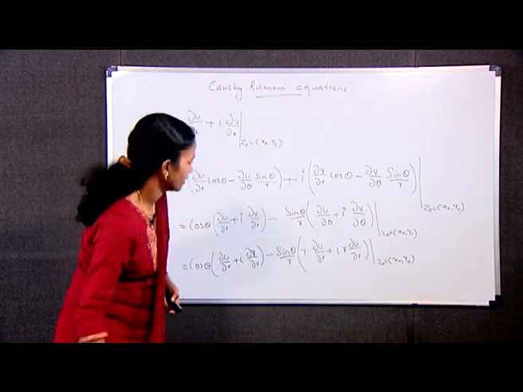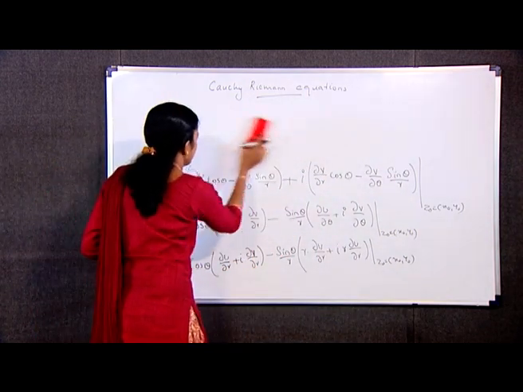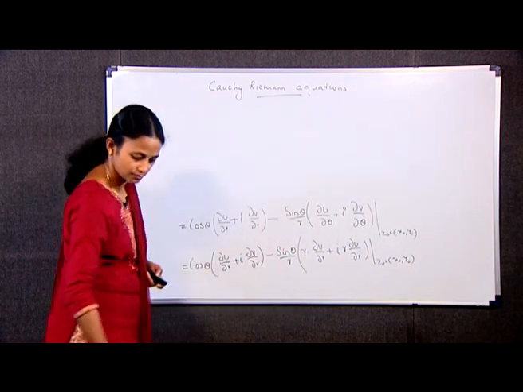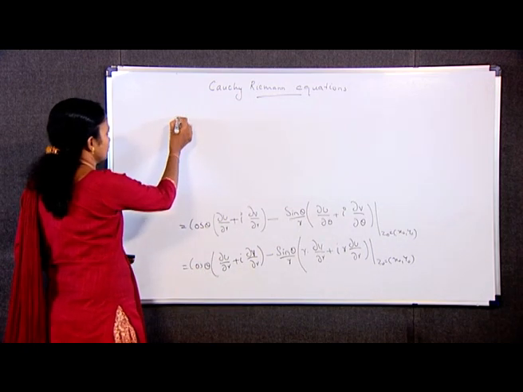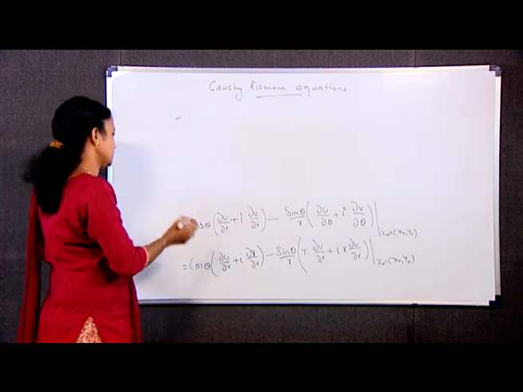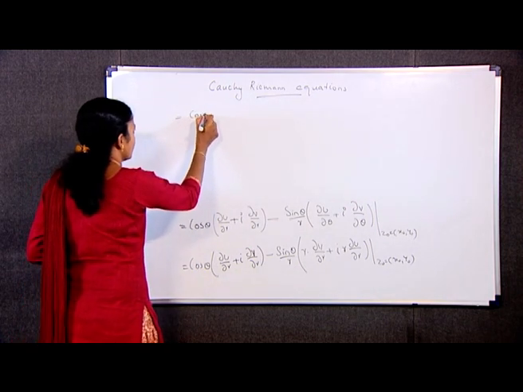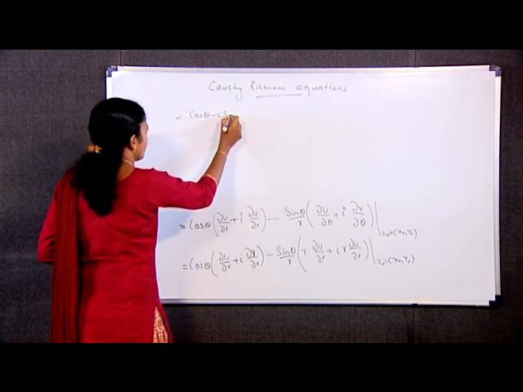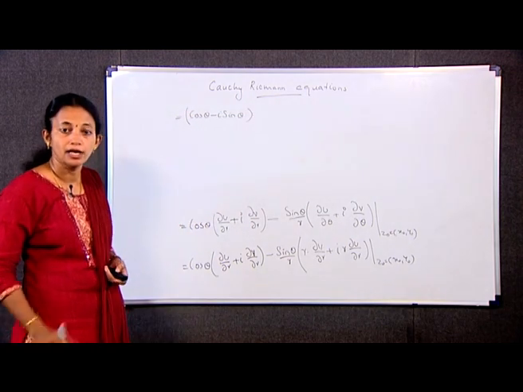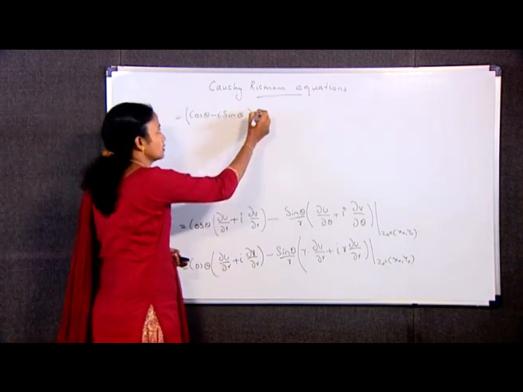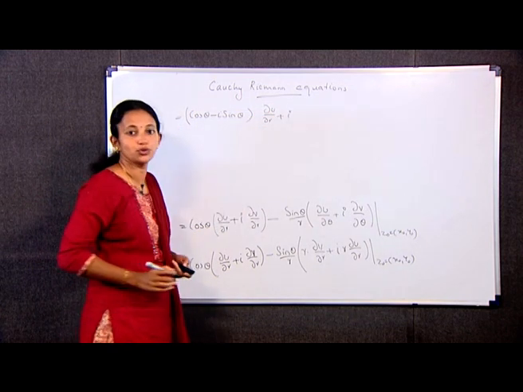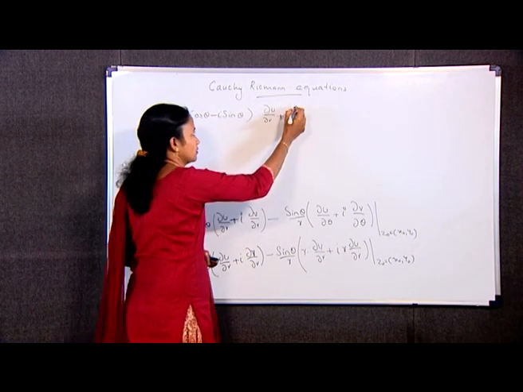This on simplification I can write this is equal to cos theta minus i sin theta into dou u by dou r plus i into dou v by dou r.